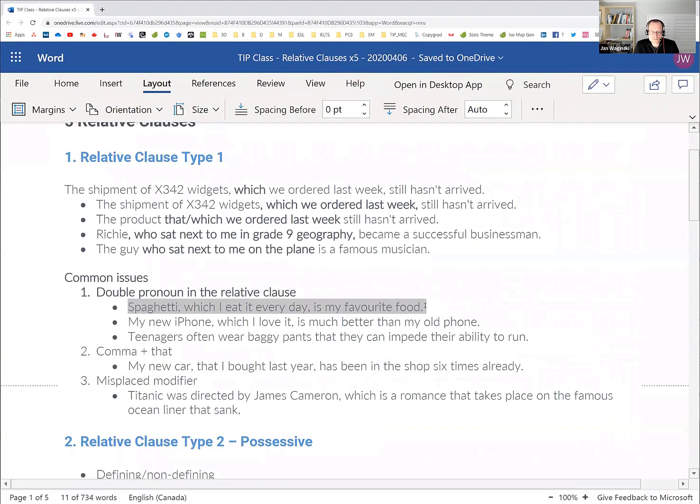What's the problem in this sentence that I've highlighted? We have two verbs.